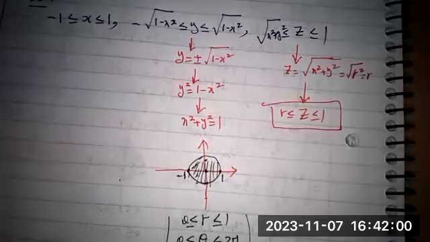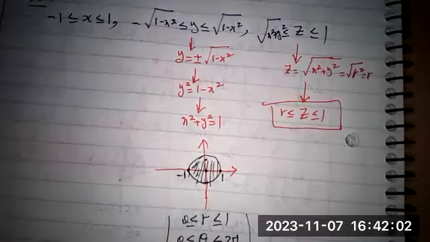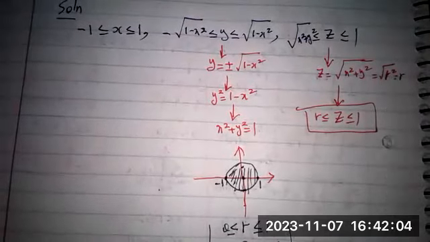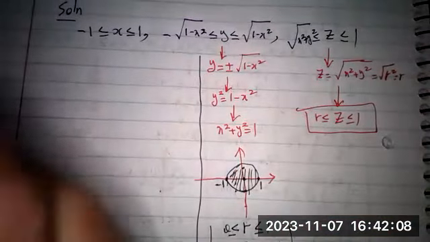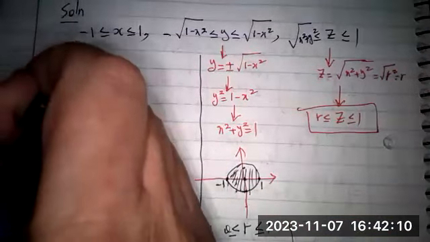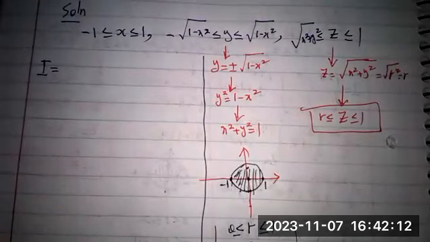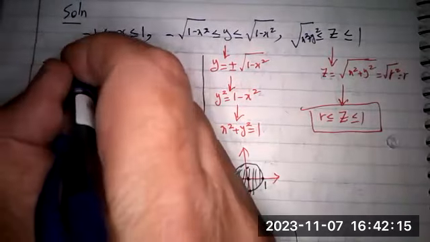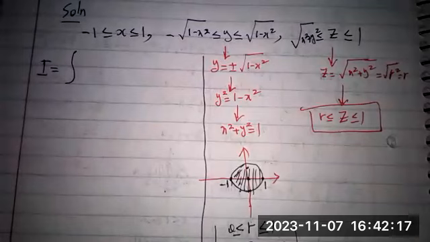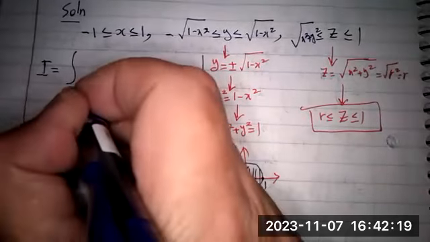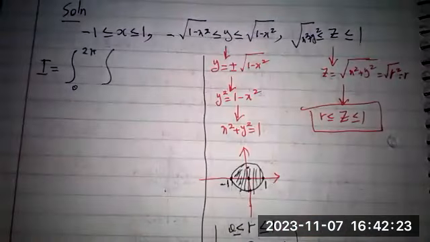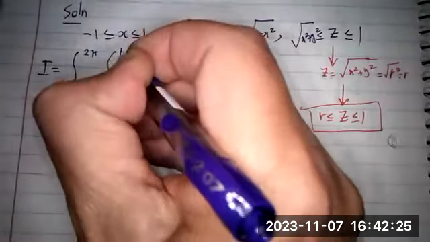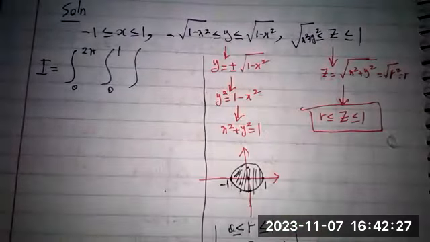Okay, any question? Now you set up the integral. Remember, the formula is fixed for the integration. So I equals the triple integral, and we know that we go with theta first. Theta is between 0 and 2 pi. In the middle, we go with the r, 0 to 1. At the beginning, we go with the z.